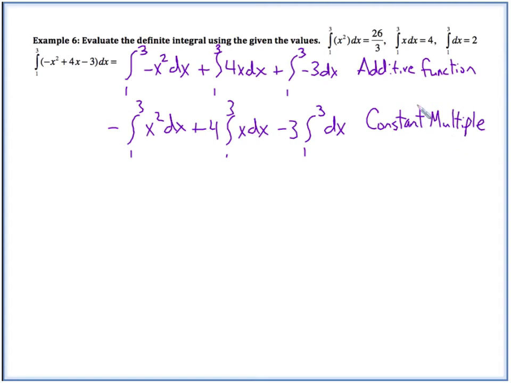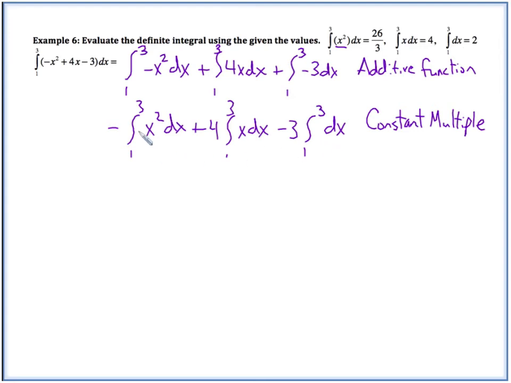Now perhaps I should back up a little bit. Remember, we were already told what some of these definite integrals were. So this was just x squared. When we looked at this function, we wanted to get x squared by itself, and we've done that. We wanted to get x by itself, and we've done that. And then we wanted to get dx by itself, and we've done that as well.